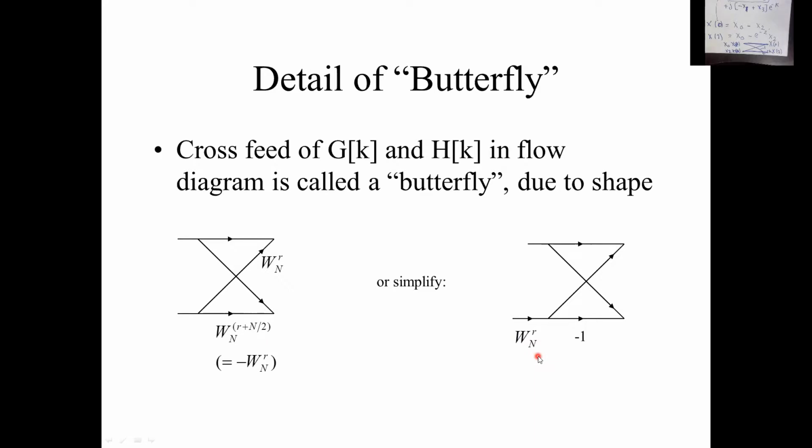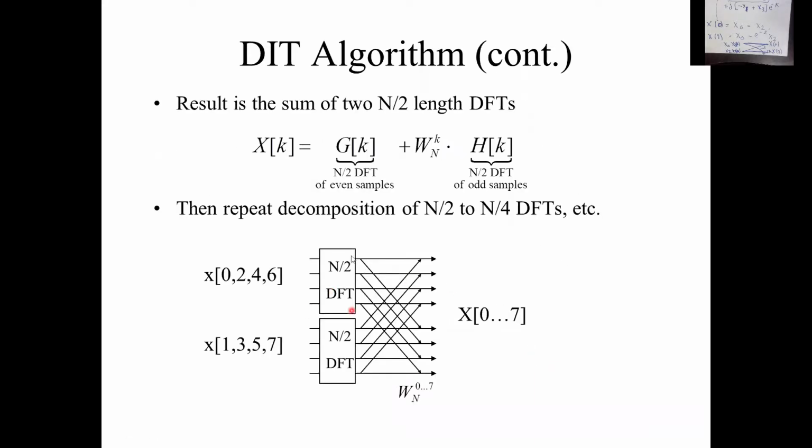Similarly, you can do the same for the odd terms. So you have this butterfly model in order to perform the DFT per even track and per odd track. And you can extend this not only for 4 points, which is our example, but for even more.